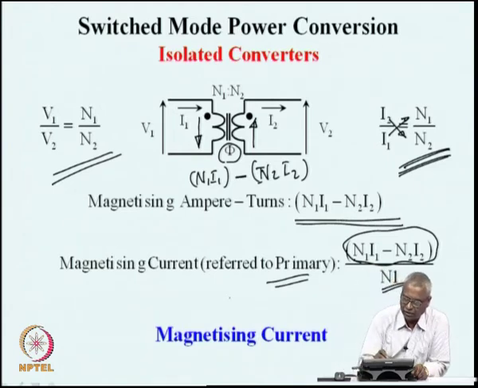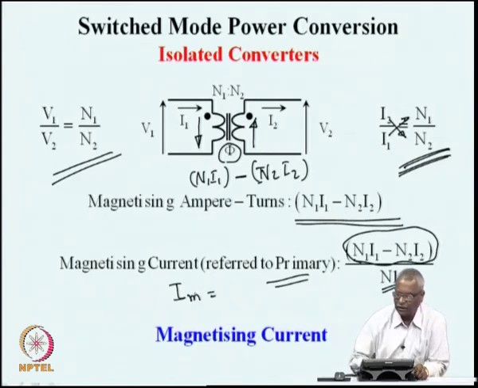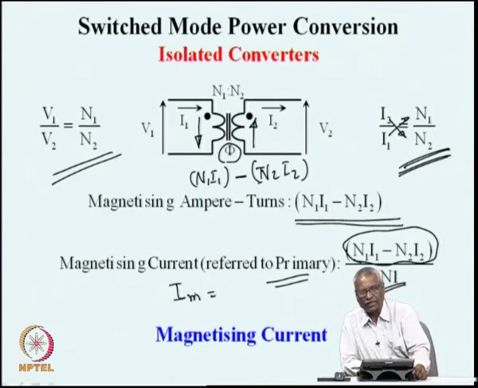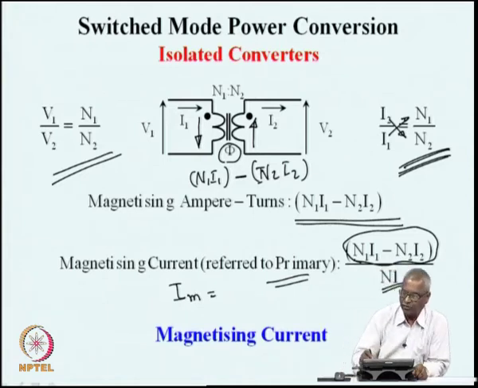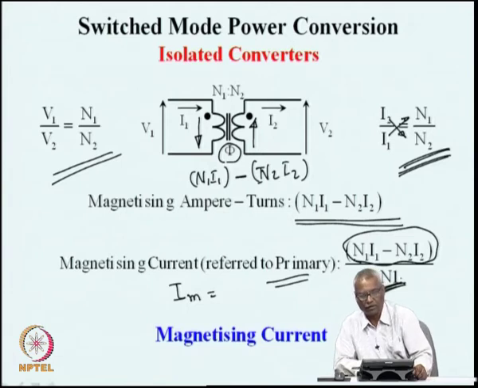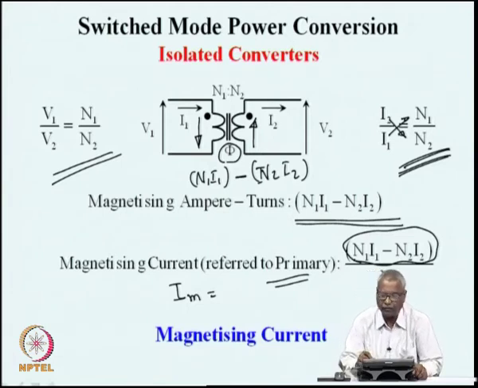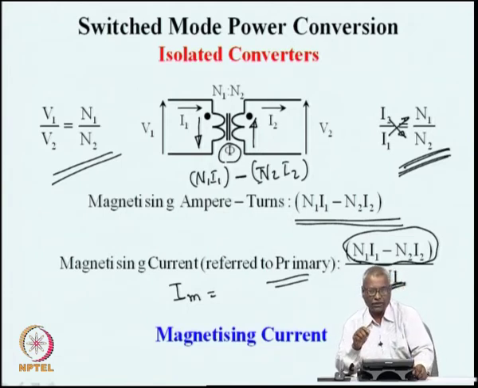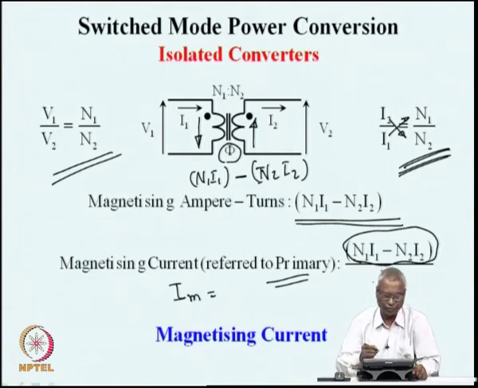You can see that this current is called the magnetizing current IM, which is N1 I1 minus N2 I2 divided by N1. This N1 is to refer the total magnetizing current as if it is a current flowing through N1 only. So, this is the magnetizing current referred to the primary. If we wish to get magnetizing current referred to the secondary, it will be N1 I1 minus N2 I2 divided by N2. Okay.